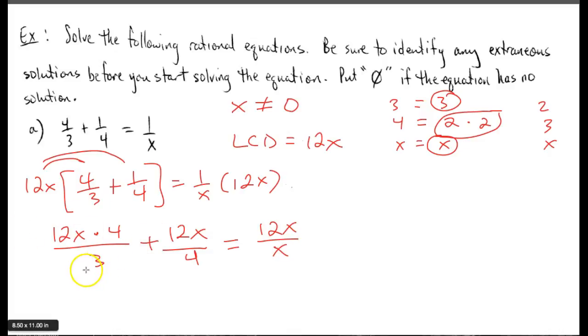And so here we see that 3 and 12 both have a common factor of 3. So 3 goes into 3 once, 3 goes into 12 4 times.